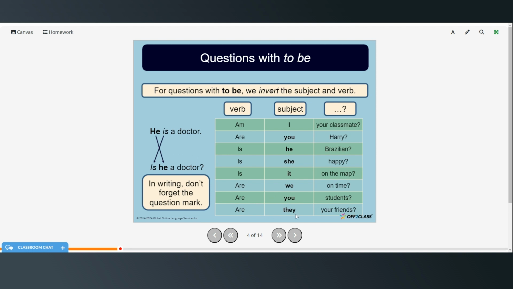Are they your friends? And you notice the verbs follow the same pattern as when we're doing statements in the simple present. So with I, we always use am. With he, she, and it, we use is. And for everything else, we use are.